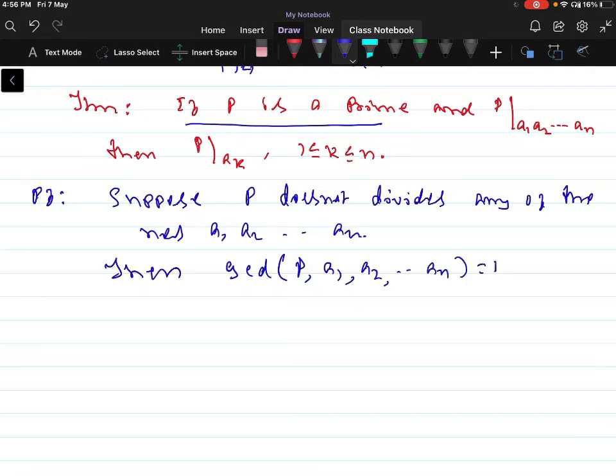It means p is relatively prime with each of the numbers a1, a2 and so on an.